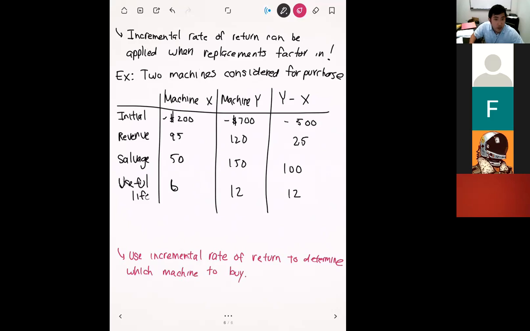Oh, we need an MARR. What is the MARR in this case? The MARR in this case is 10%.